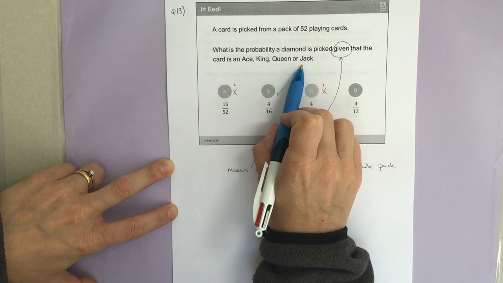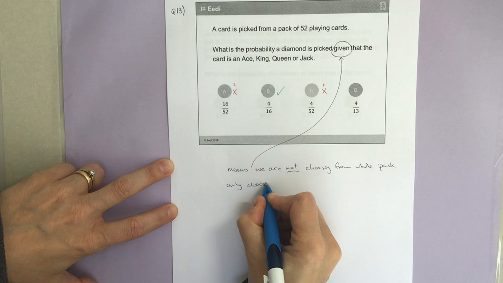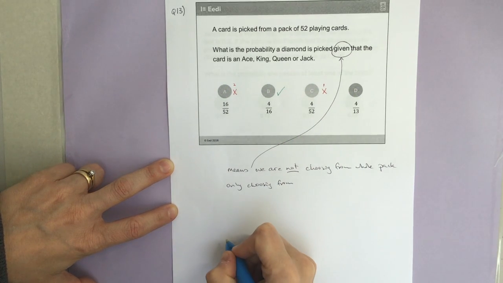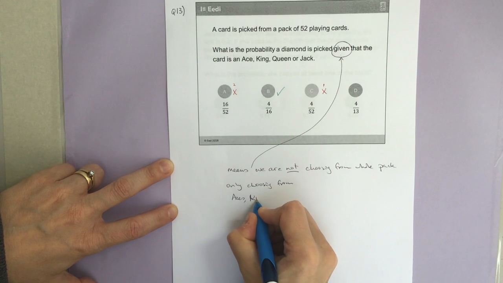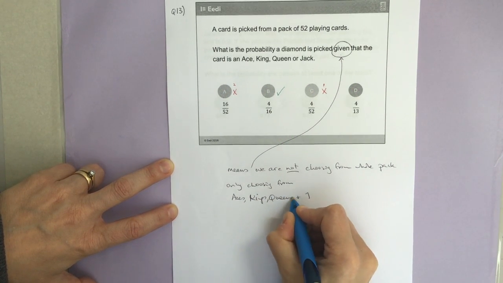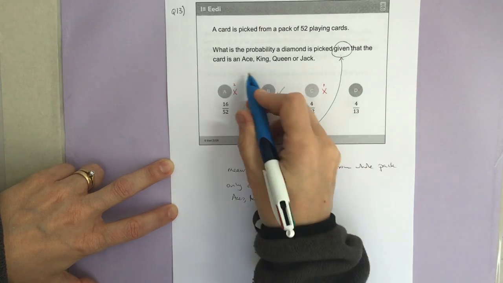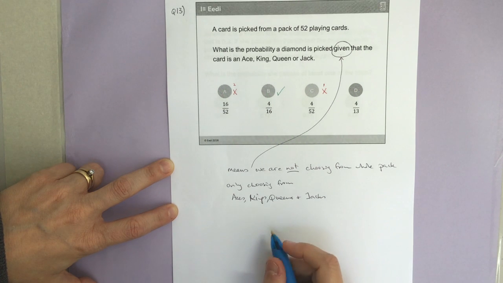We're given that we've only got these cards to look at. So all we're looking at, we're only choosing from the aces, the kings, the queens, and the jacks. That's the only thing that we're choosing from. So looking at this, well, what have we got in a pack of cards?